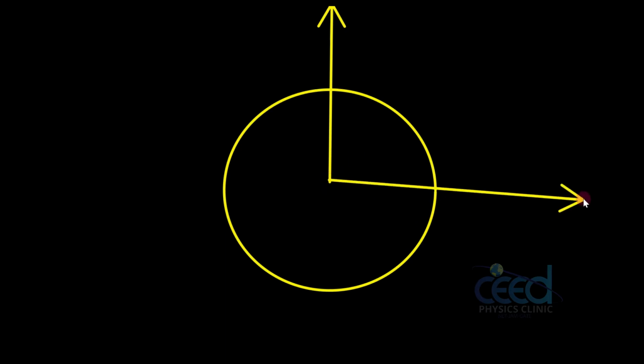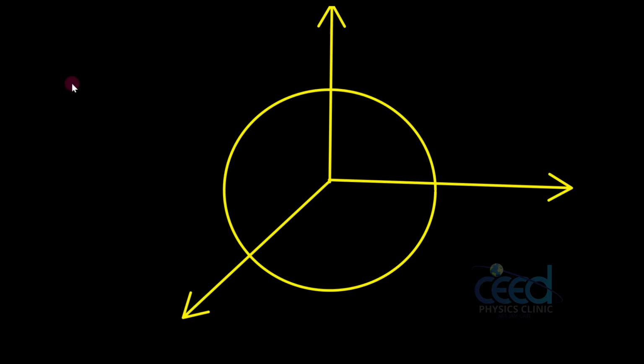We can consider a sphere. Let us have the coordinate axes. Here we have the x-axis, here the y-axis and then the z-axis. You can choose any axis as x, y and z.